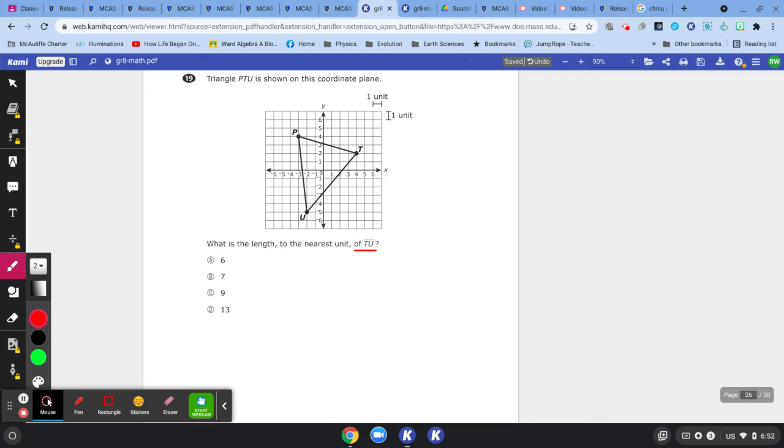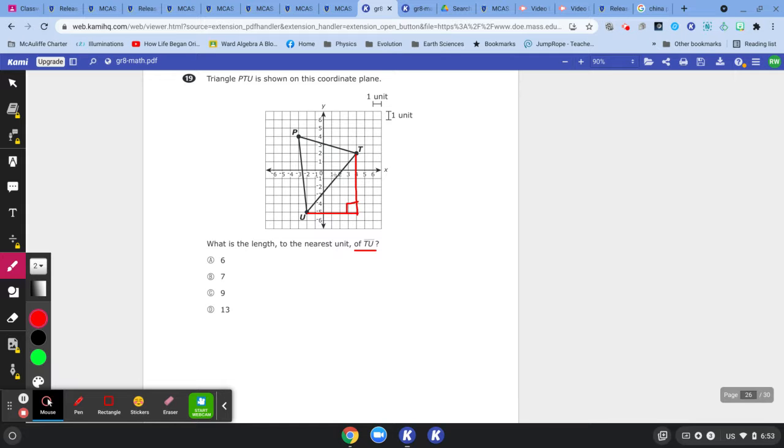But the nice thing about the grid is it sets us up with a nice right triangle. So we can draw ourselves a nice right triangle using the grid. And this is our right angle. So we can use the a squared plus b squared equals c squared formula to find out this length, which is now the hypotenuse of our right triangle.